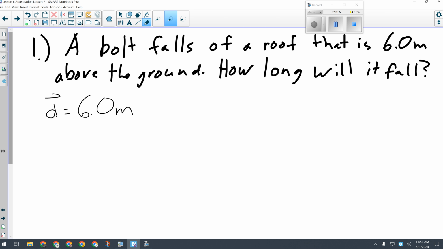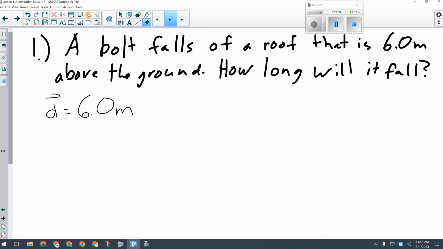Okay, so if I've got a bolt, anything for that matter, okay, and it's on top of a building and it just falls off, what was its initial velocity? Well, when it started falling, 0. Okay, I didn't throw it downwards or throw it upwards. It just fell. Okay, if it just falls or it's dropped, it doesn't have an initial velocity. Okay?